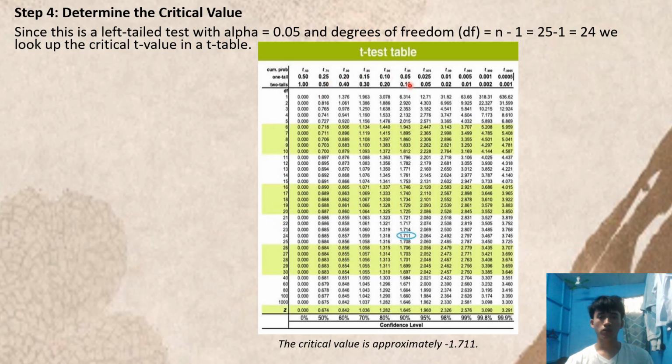So this is the 0.05 alpha and this is the 24 degrees of freedom. We can locate the critical value as approximately 1.711. Since this is a left-tailed test, we need to make it negative. So it will be negative 1.711.